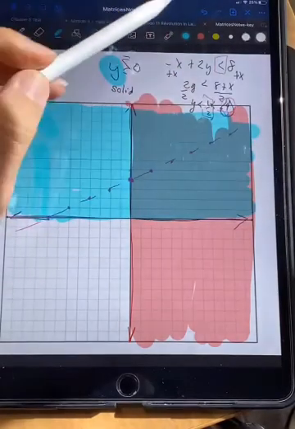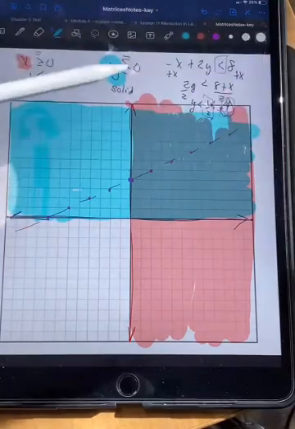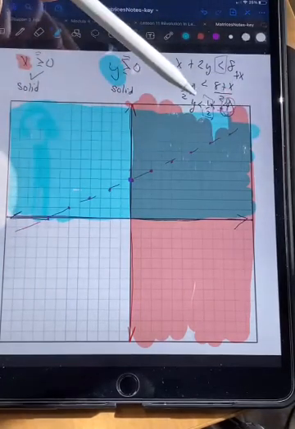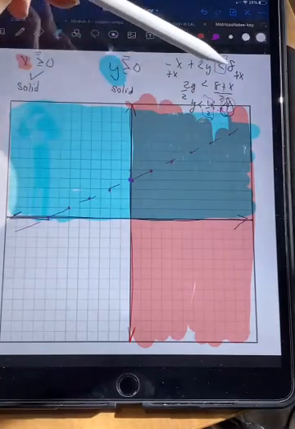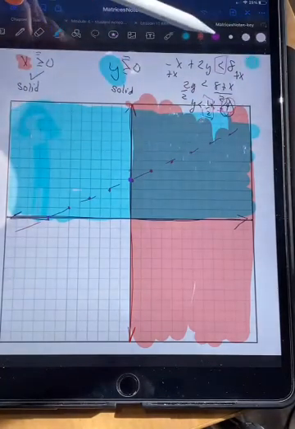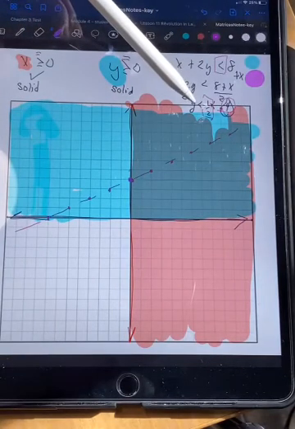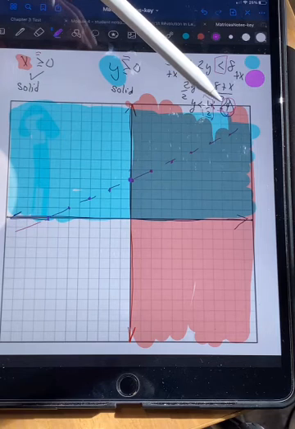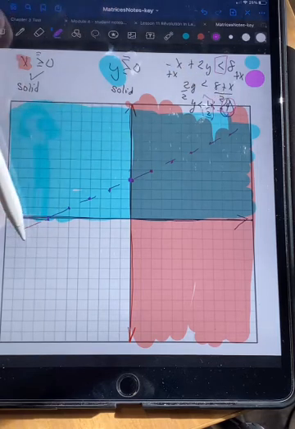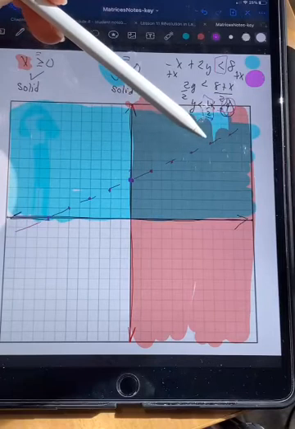Okay. So now I have my pink one. Let's see if we can find a bright pink. There we go. Now I have this line. So again, we're not looking at the other ones. We're only looking at our pink line here. I'm going to do it in this darker pink. And it says y is less than 1/2 x plus 4. So my line here is y is equal to 1/2 x plus 4.